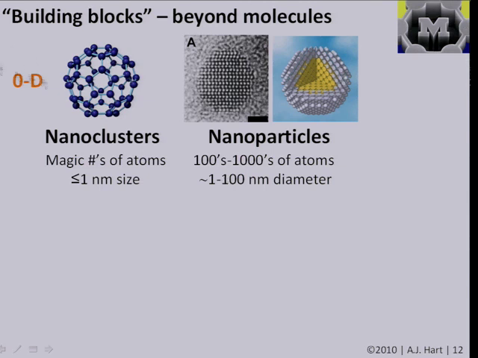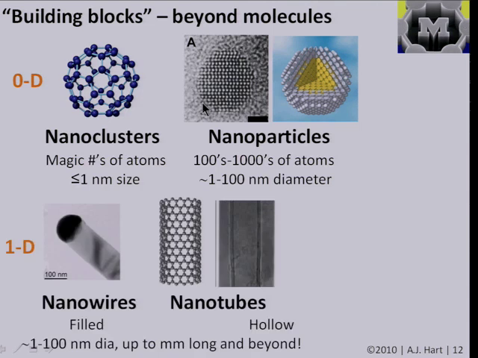And so that completes the set of zero-dimensional structures, where the properties are going to depend strongly, depending on the material, on the size of this volume and the diameter of the cluster or particle. And then, if we look at one-dimensional structures, we have nanowires and nanotubes.